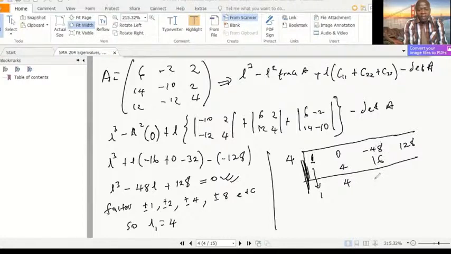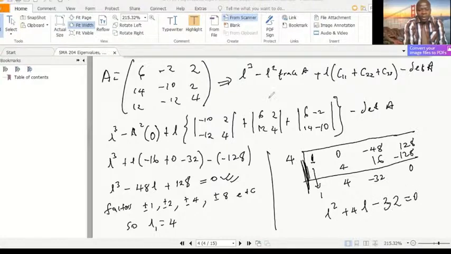Add the base and you get negative 2. Yes, negative 2 times 4, get negative 128. Add this and get 0. So the quadratic equation here is lambda squared plus 4 lambda minus 32 is equal to 0.